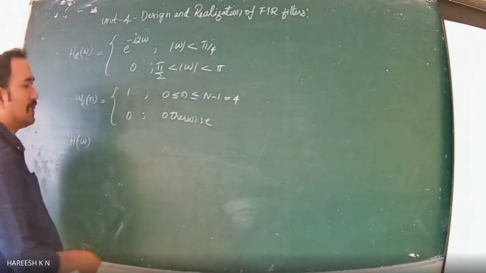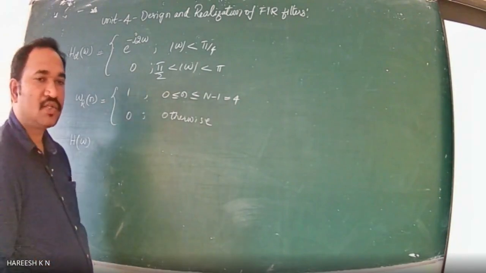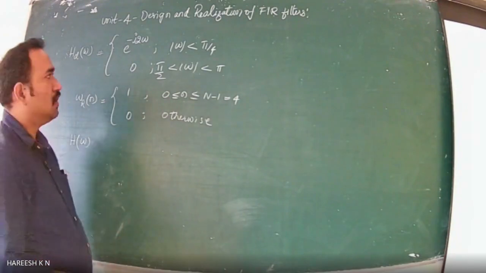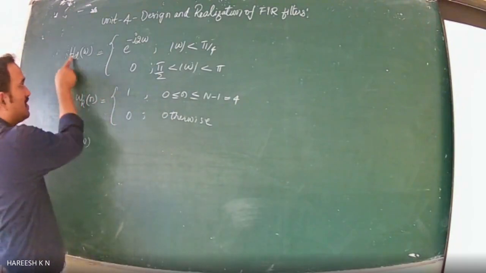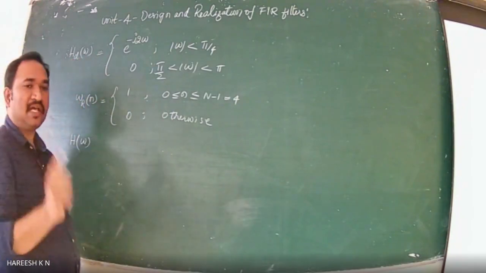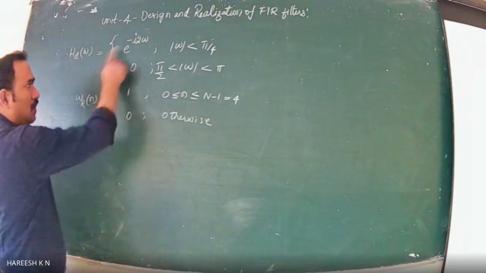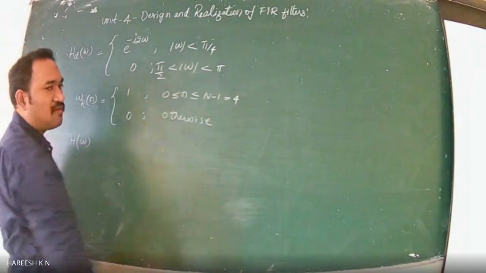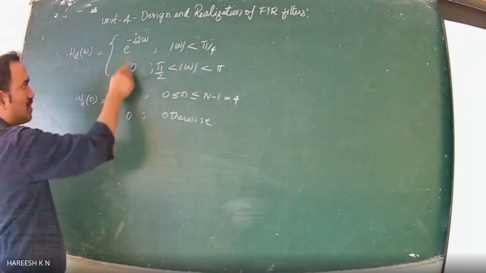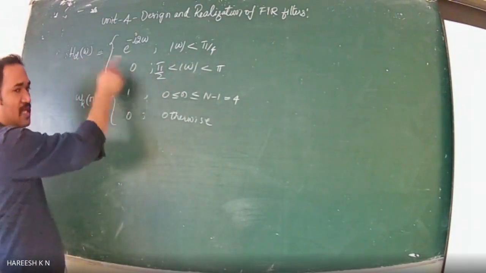Now, in the question, they are asking us to design a low pass filter with the desired frequency response. HD of omega is the desired frequency response, and for the different ranges of omega, the corresponding expression of HD of omega is given.